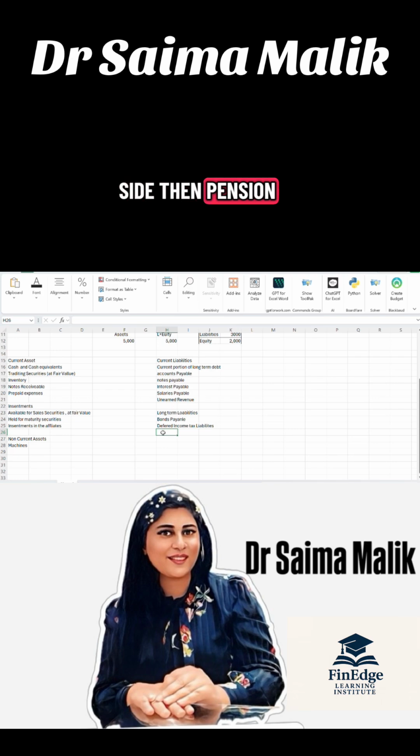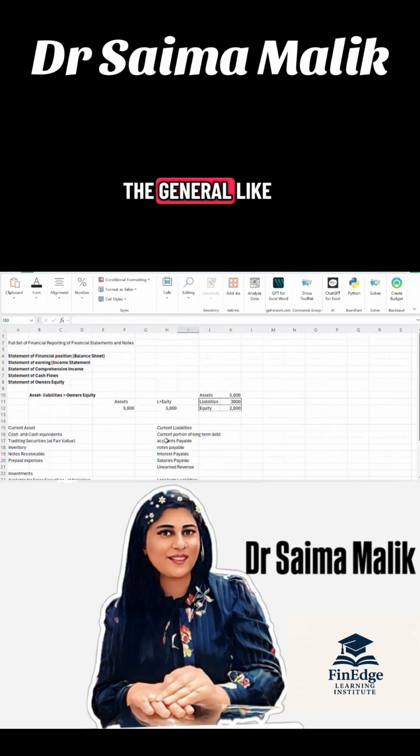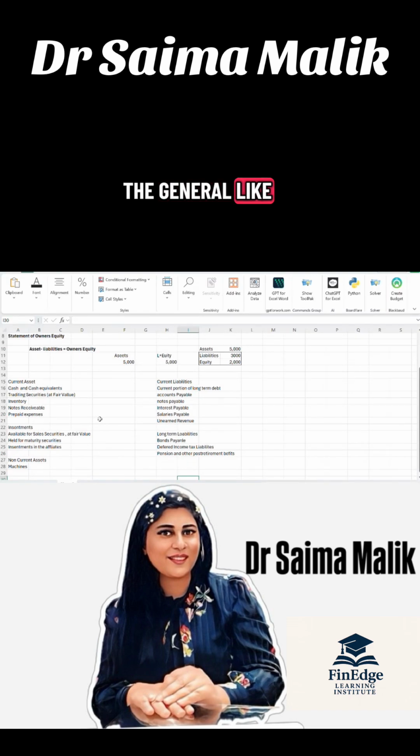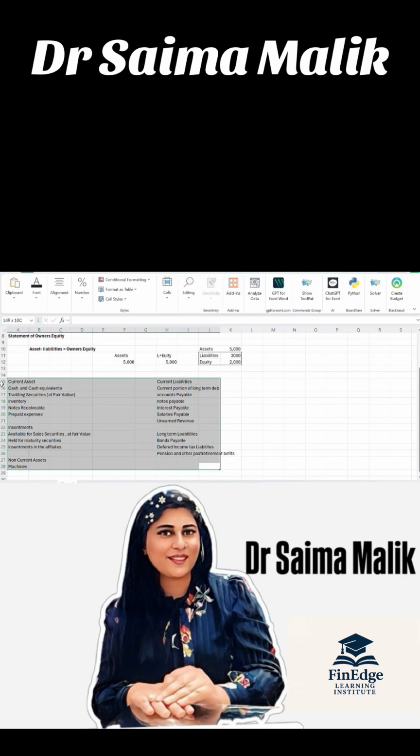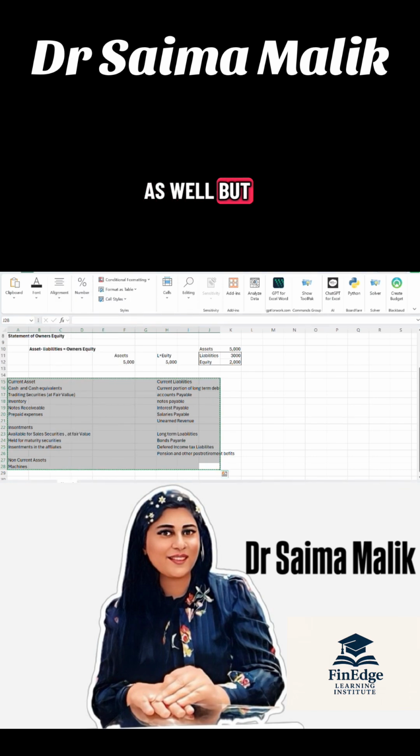Then pension and other post-retirement benefits. So that is the general list of assets and liabilities. There are others as well, but this is just general.